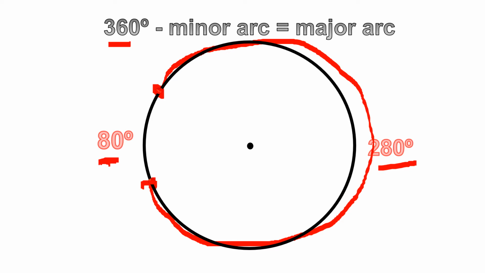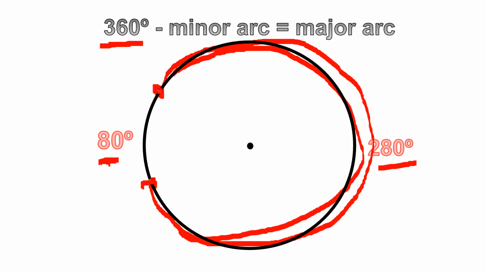At pwede rin, kapag hinahanap mo yung sukat ng iyong minor arc, pwede mong baligtarin. So, 360 degrees, i-minus mo naman doon sa major arc na 280 degrees, makukuha mo din yung 80 degrees na sukat ng iyong minor arc.